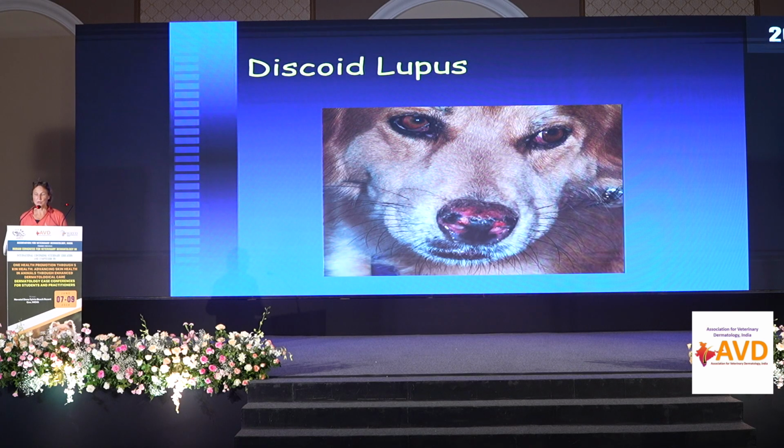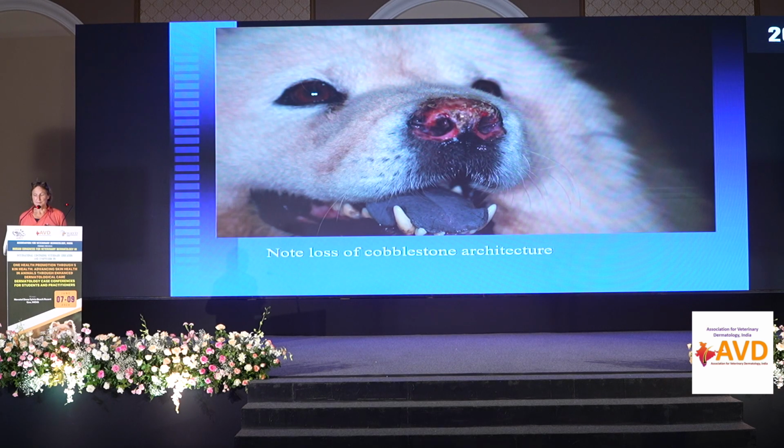Right? So these are all discoid lupus cases, some more inflamed than others. Okay, but basically the key here is that if you don't do anything about it, eventually the architecture of the nose is impaired and demolished.